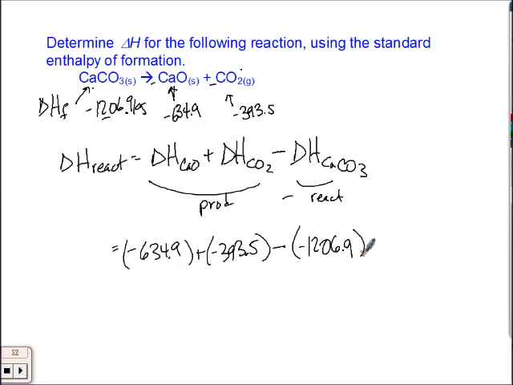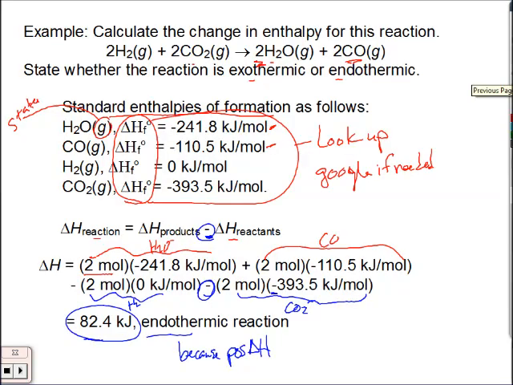And when I add those up, I get 178.5 kilojoules per mole. So delta H for this reaction is 178.5 kilojoules. It's endothermic, and it takes more energy than the last one we just looked at because the delta H is higher. It requires more energy than the previous one we just looked at, which only required 82.